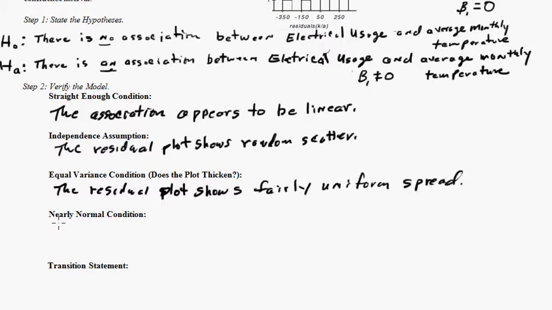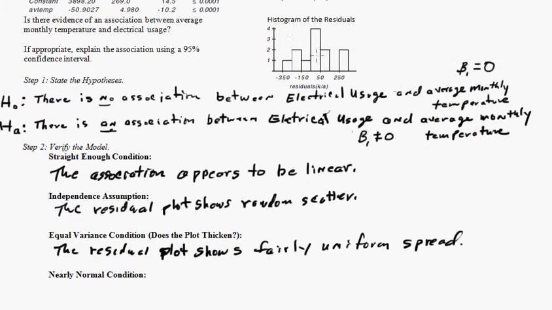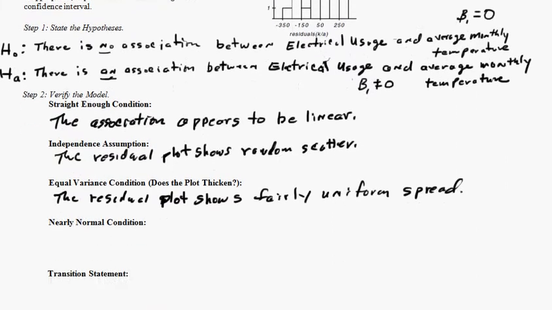Okay, now the last thing we want to do is look at the residuals again, but we'd like to make sure that the histogram of the residuals is unimodal and roughly symmetric, and it does look like that's the case. Again, we'd like to have more data to see it fill out, and there are no outliers.